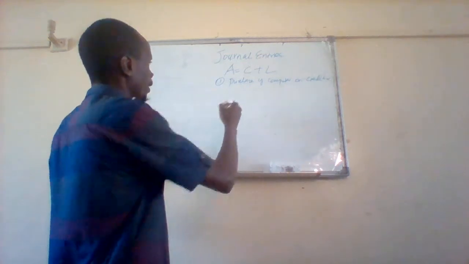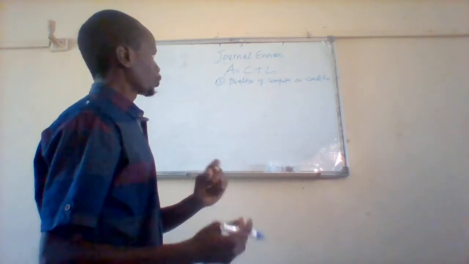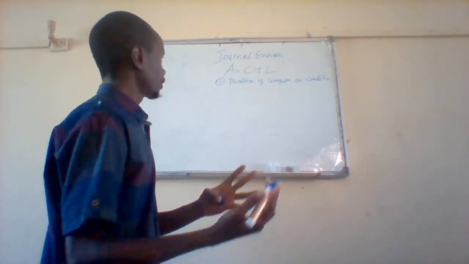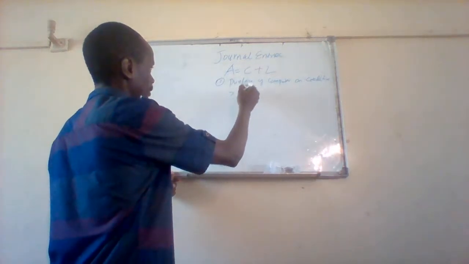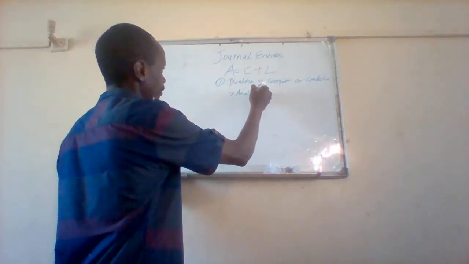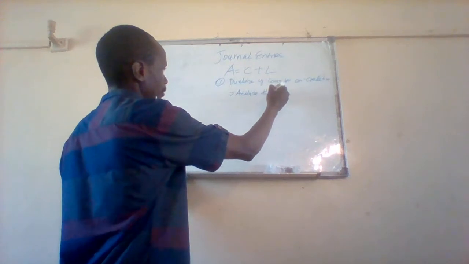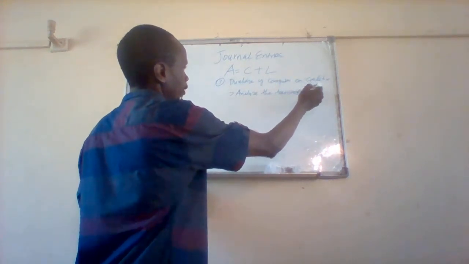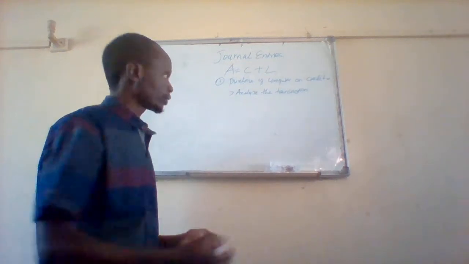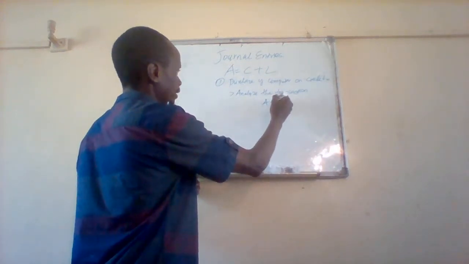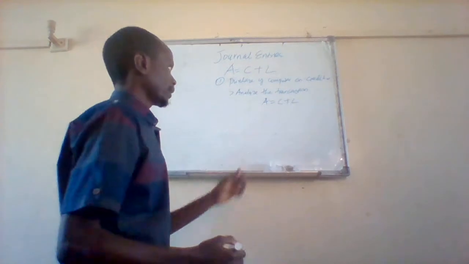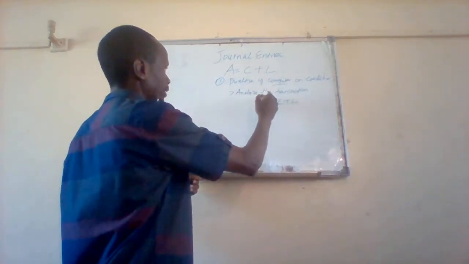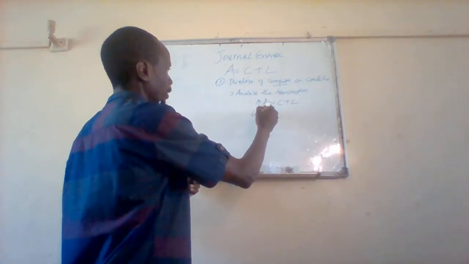Now, assume that the computer is 20,000. So, the first step is to analyze the transaction. If you analyze the transaction, you will find it will be something like this. Computer is an asset. So asset has gone up, which is computer.